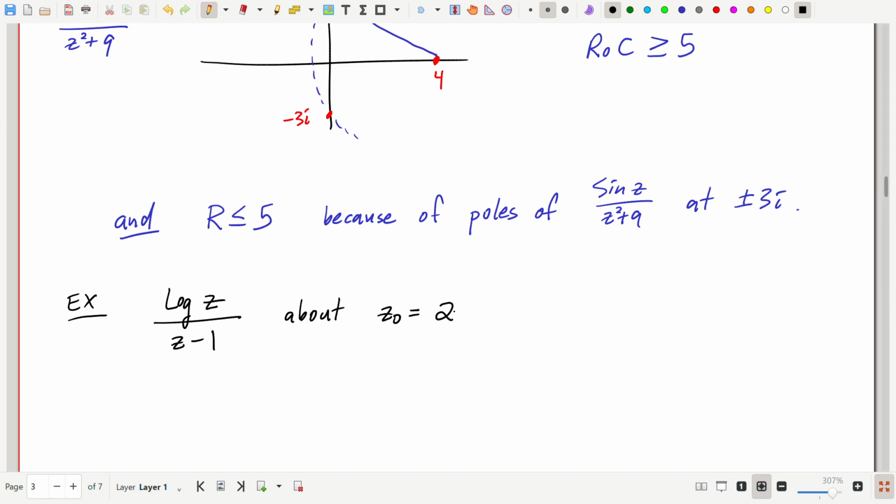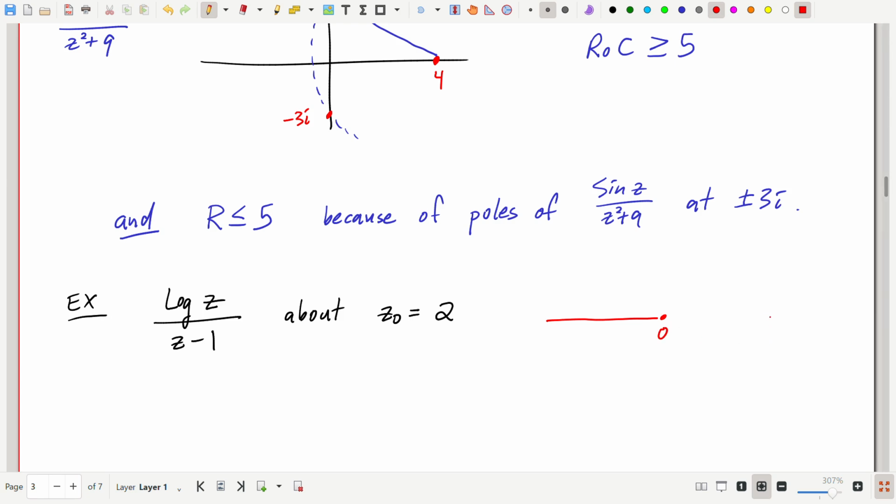You look at that and say, oh, that's got a singularity at 1. And you'd think about, let's see, log of z is analytic. It has a nasty rip along the negative real axis. So it's not even analytic along the negative axis to any bigger disk.